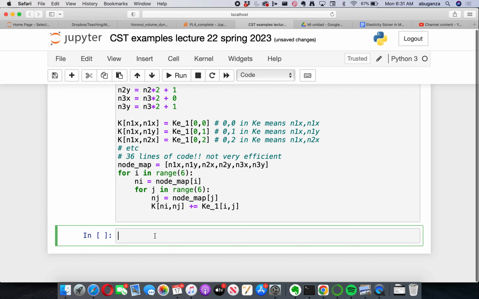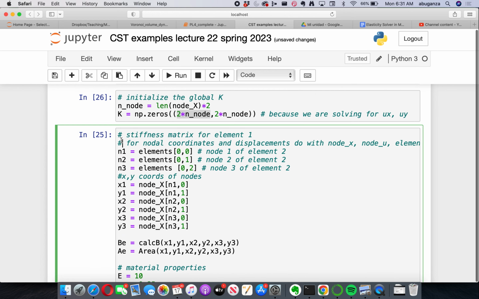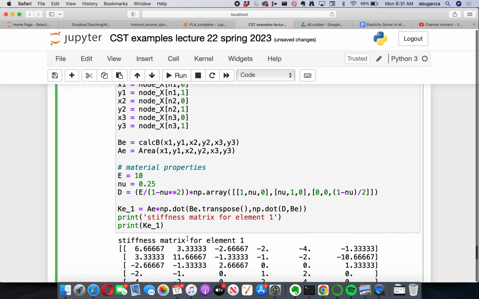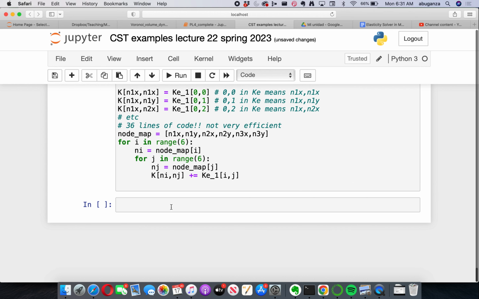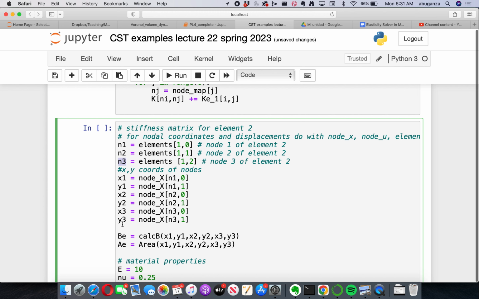Okay, so for element 2, the nice thing about this is that all I need to do is copy, paste, and I just need to change the element. It will change the nodes, and once it changes the nodes, it will change the xy coordinates.